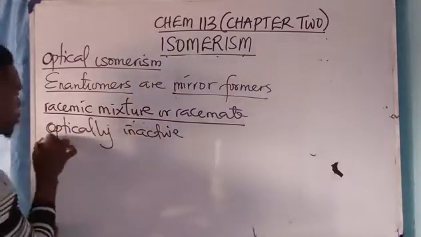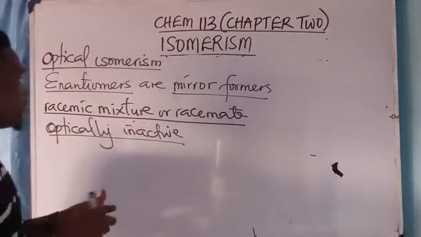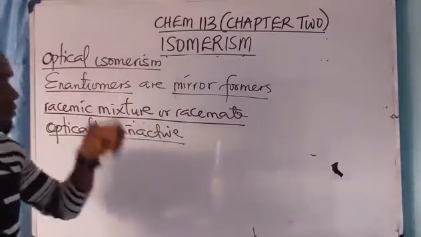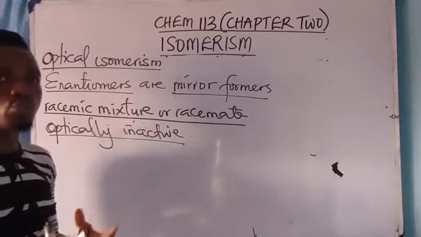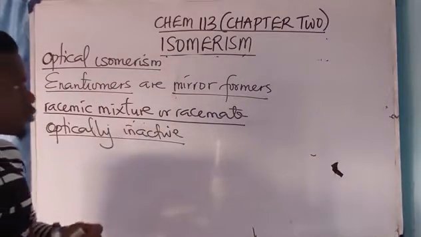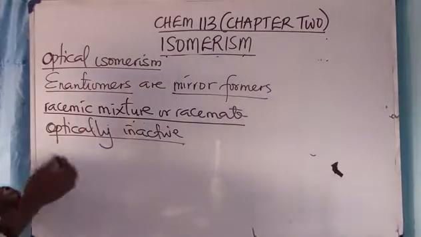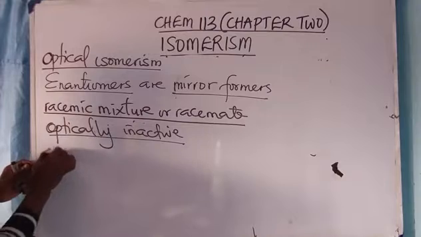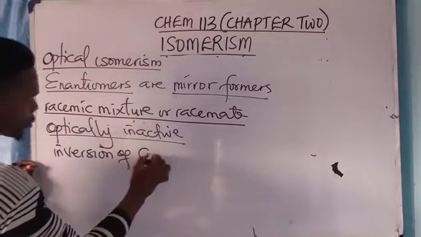Therefore, they are optically inactive. However, if one of these enantiomers undergoes a reaction, such reaction produces a product that is the same as that of the second enantiomer. Such type of reaction is called inversion of configuration.